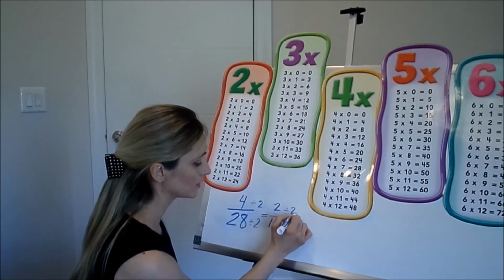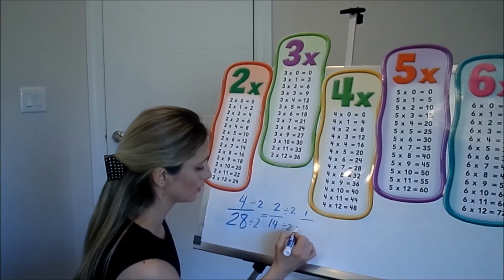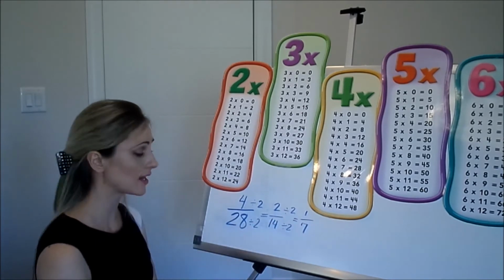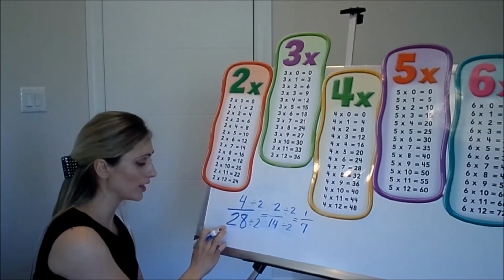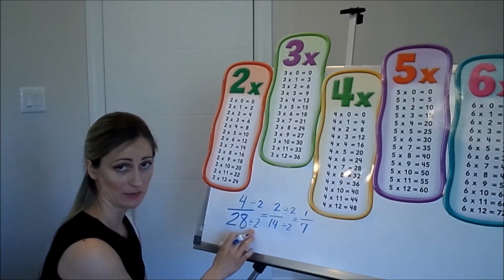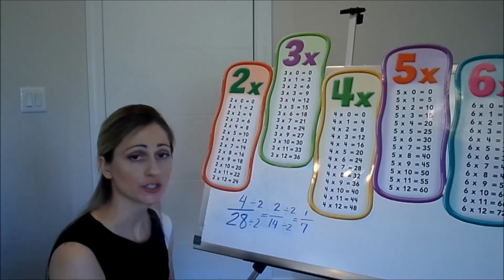You still have to keep working. 2 divided by 2 is 1 and 14 divided by 2 is 7, 1/7. So actually 4/28 equals 1/7. Because you didn't do your job in the beginning the right way, you had to do double the work. So this is what it should have been.